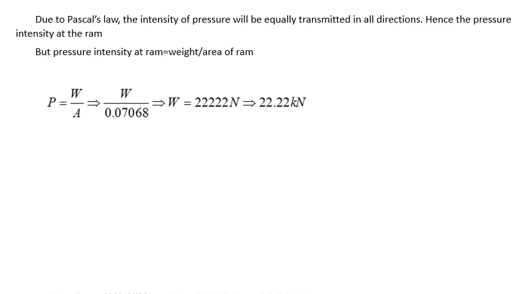I know the area of the ram, that is 0.07068. With respect to that, we can find the weight lifted by the ram is equal to 22.22 kilo Newton. That means by using this numerical, we can find how much weight can be lifted by applying a certain amount of force onto the plunger.